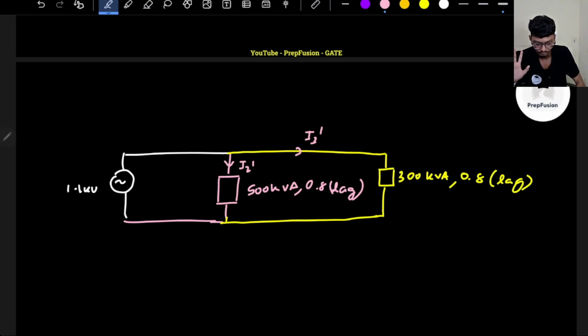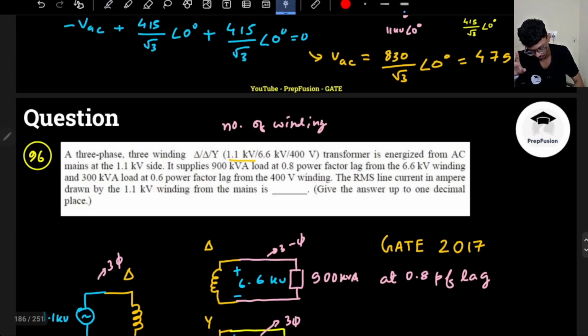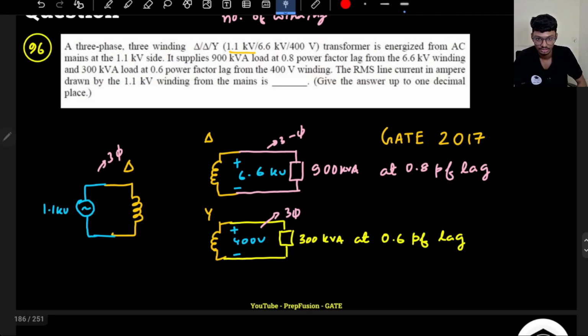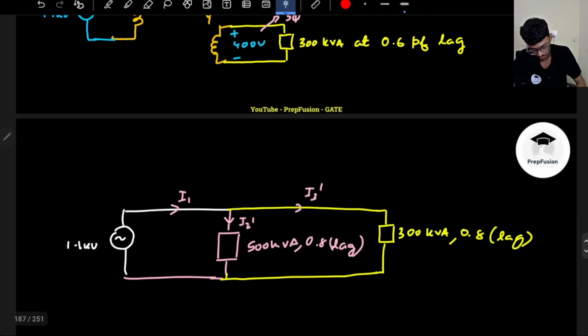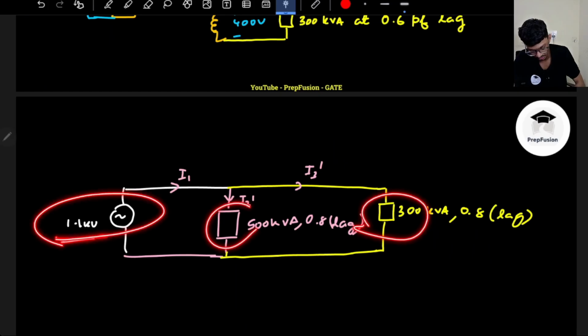Basically this will be I1, and the line current and the phase current are different. So I can find this out. How will I find it? I know this is the line voltage across the two loads.